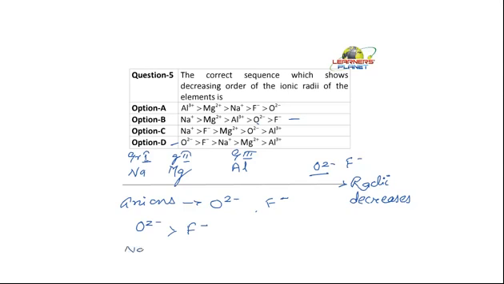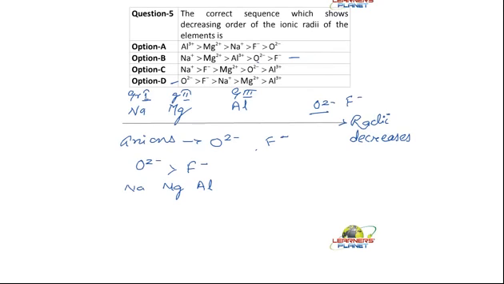Now students, for the cations, the more the positive charge, the smaller the cation. Right? So what I can say is that the magnitude of charge on the ion is inversely proportional to the size.